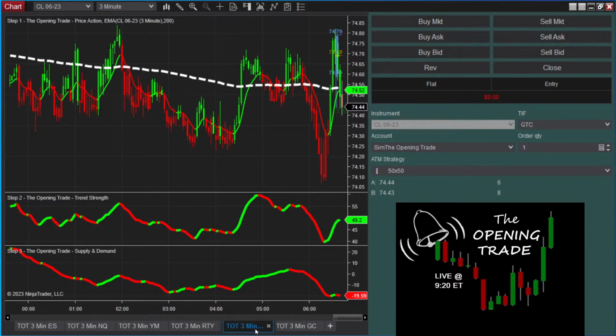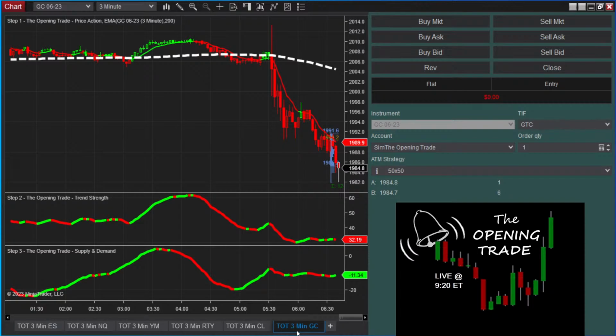Crude oil has bounced above the 200 period EMA. It finally broke below it, and crude oil is still making its pull down.